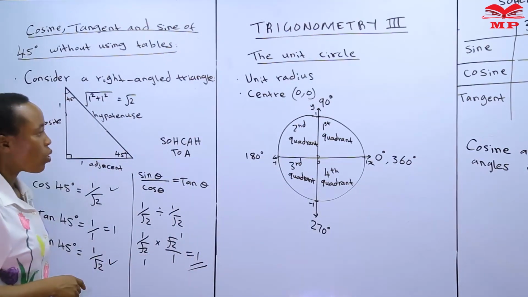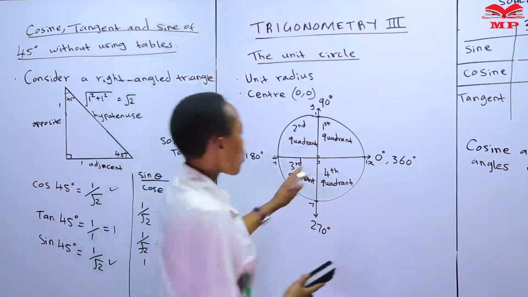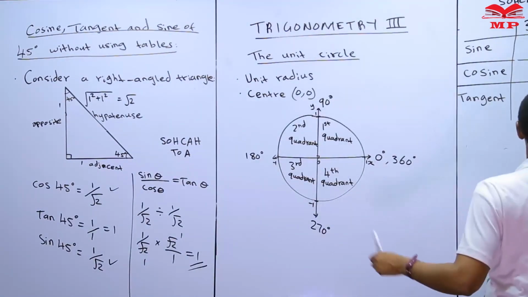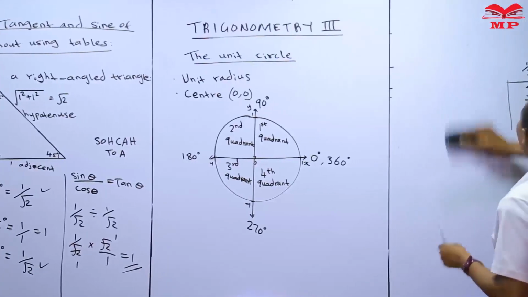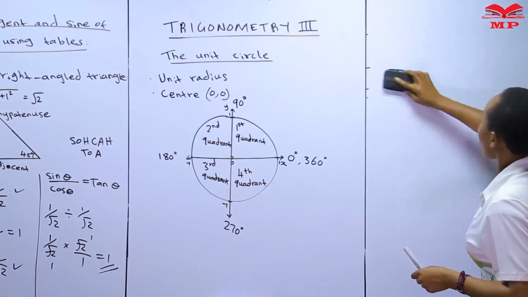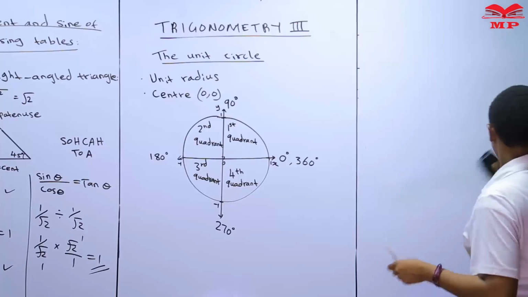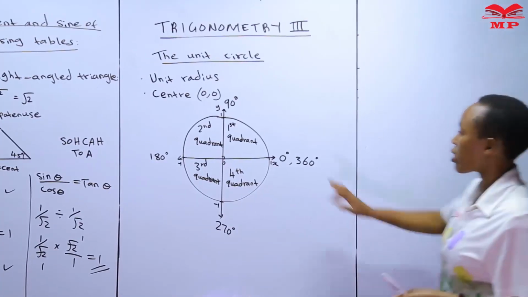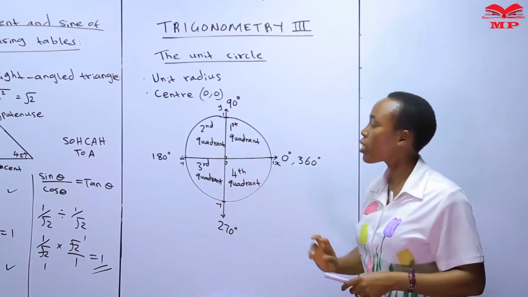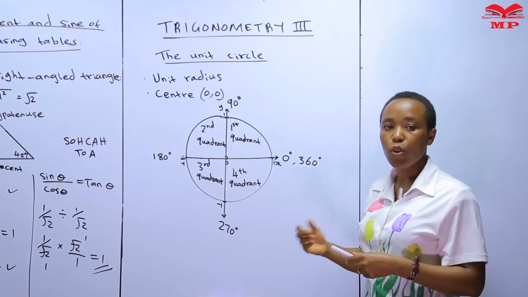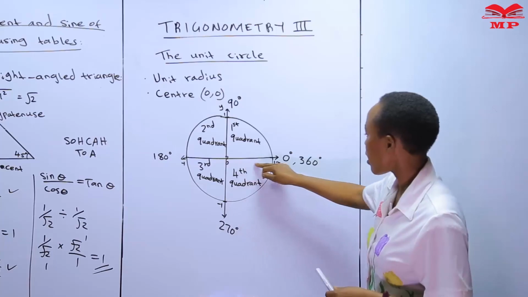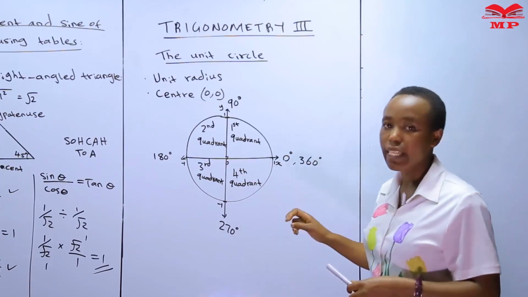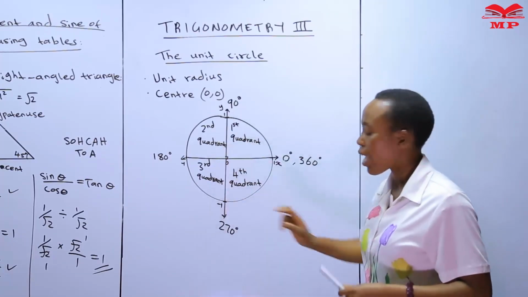Something I'd like to remind you is where the sine is positive, where the tangent is positive, where it is negative. I'd like to remind you how we get to know whether the sine is negative or positive, or the tangent is positive or negative. Now in our case, this is our x-axis in the Cartesian plane, and this is our y-axis.